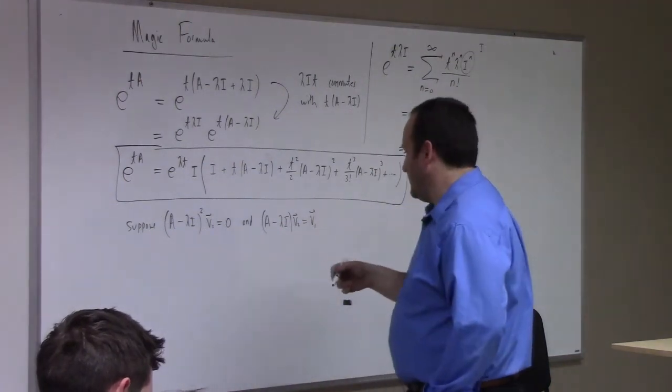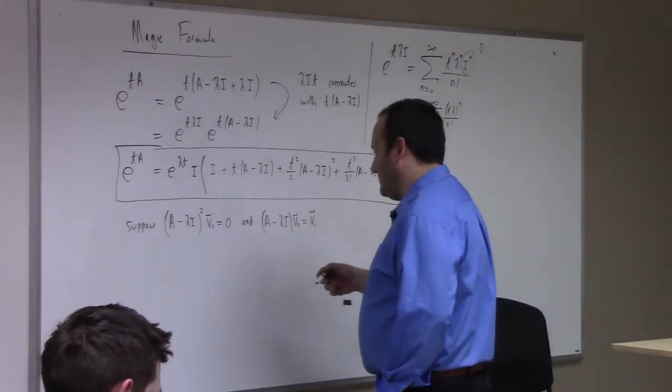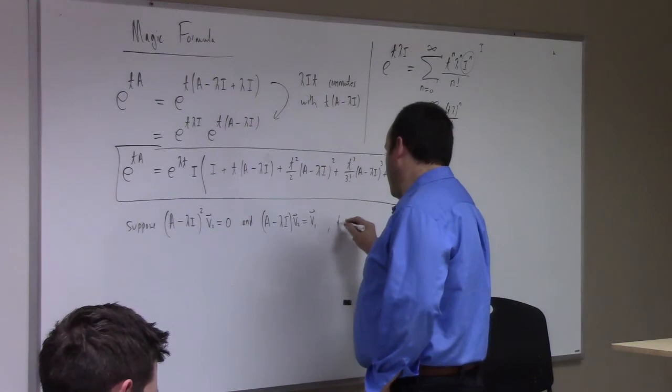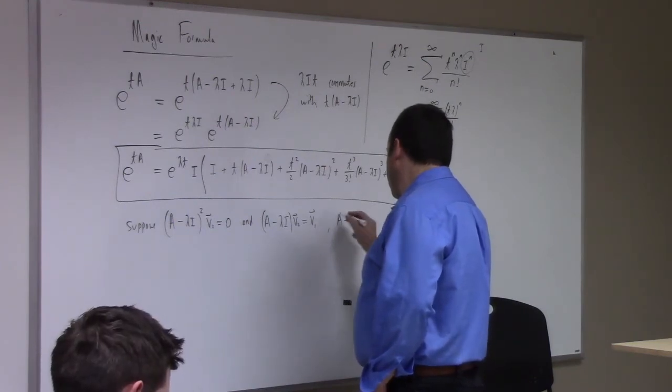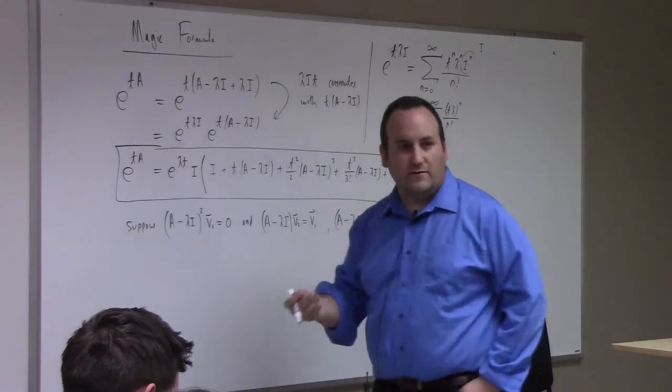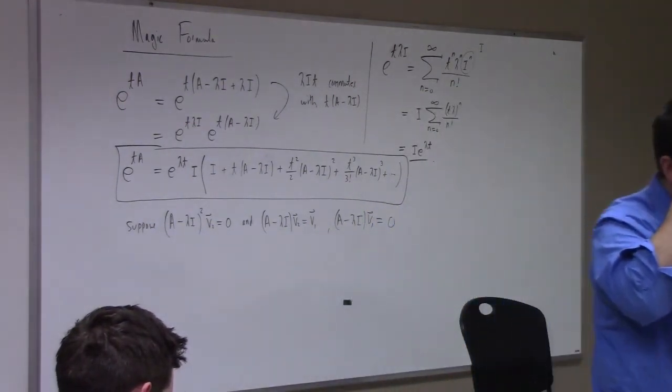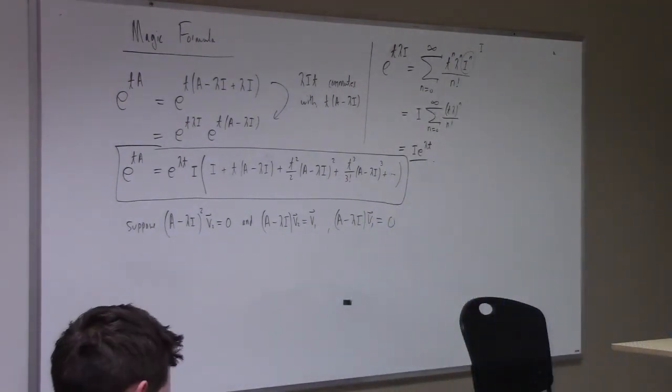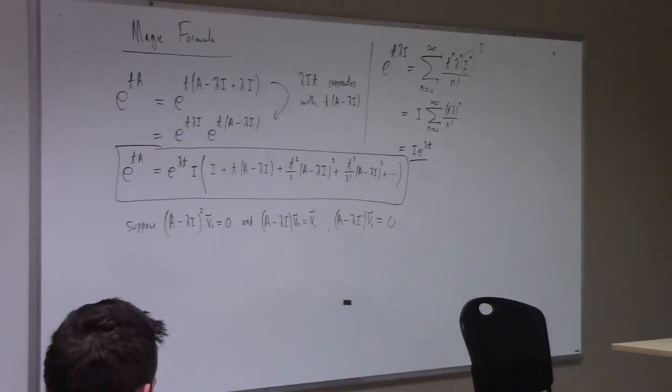Sorry, I have stated this inefficiently. I'm trying to say v1 and v2 are a chain of generalized eigenvectors, okay? What happens when we calculate e to the tA times v2? What happens there?